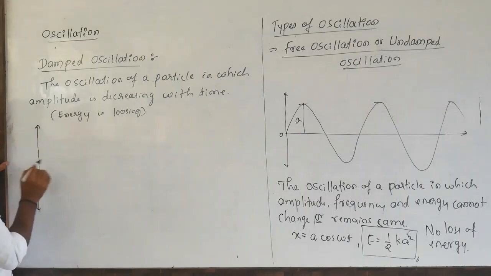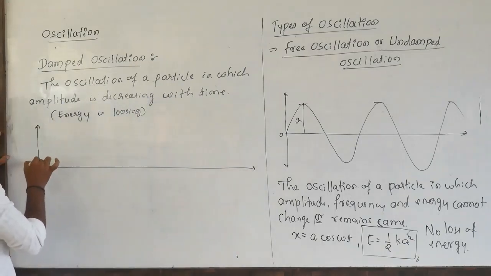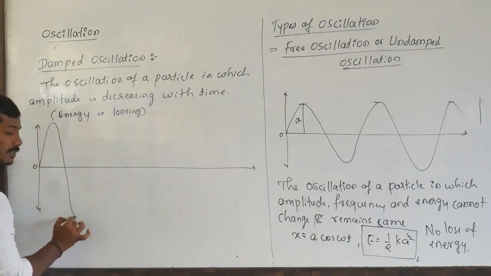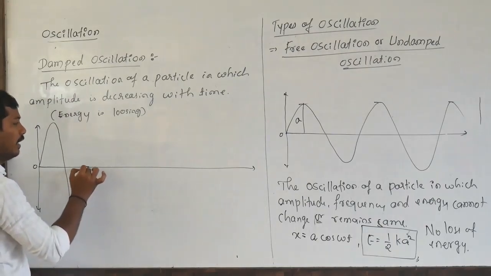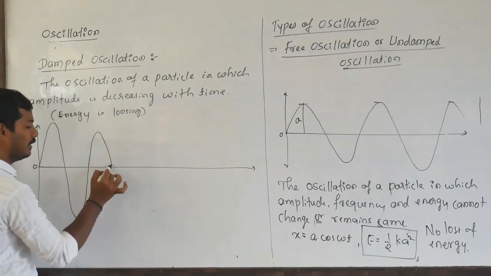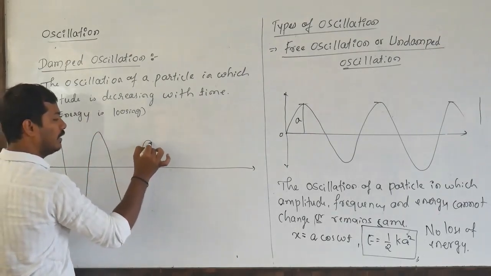If the particle starts to oscillate from its mean position, initially the amplitude is more, like this. After one cycle, after one period, its amplitude is decreasing like this.